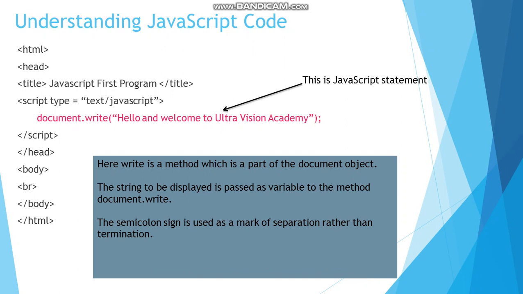So it is actually not termination but separation of statements. Either you can give a semicolon, otherwise you can press enter also. If you place each statement of JavaScript on a new line, then no need to put a semicolon. So either you can give a semicolon sign or you can give a line break, meaning enter.